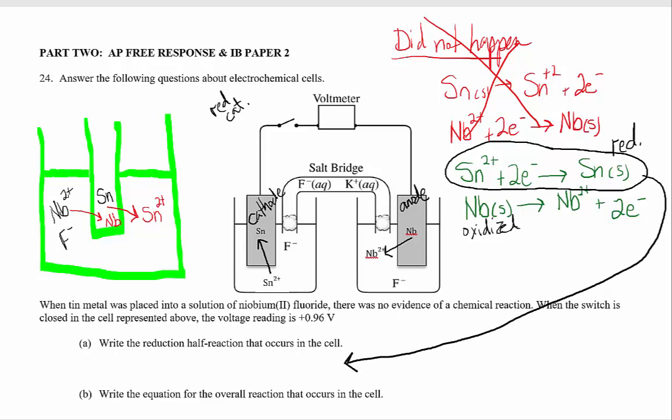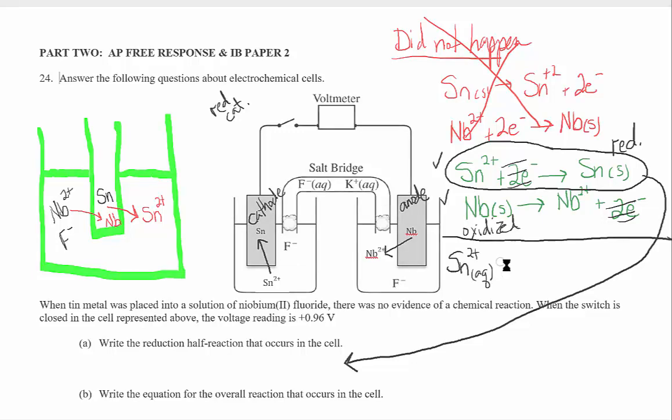B, write the equation for the overall reaction that occurs in the cell. So basically these two reactions right here, our tin 2+ ion and our niobium solid, that's the reaction that's happening. Our electrons are already balanced, so I'm going to get rid of those. And now all I have to do is add everything on the reactant side, and that's going to yield adding everything on the product side. So that would be tin 2+ ion, and that's aqueous.